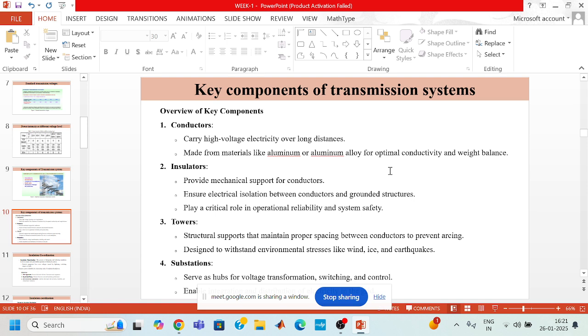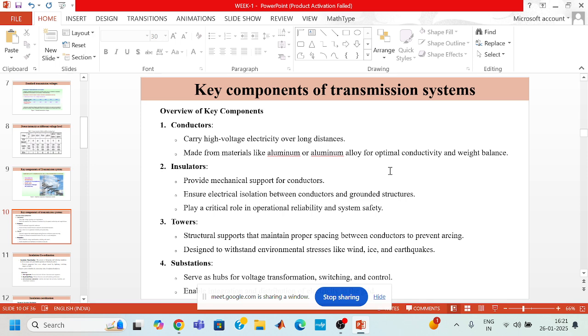All of you know about conductors. Because the number of free electrons is very high in conductors, they carry high voltage electricity over long distances, and they are made from materials like aluminum or aluminum alloy for optimal conductivity and weight balance.